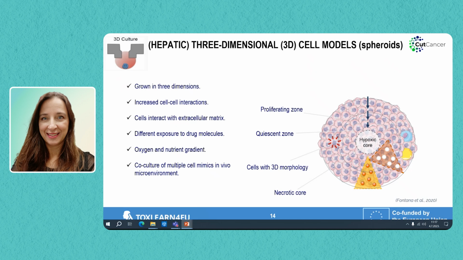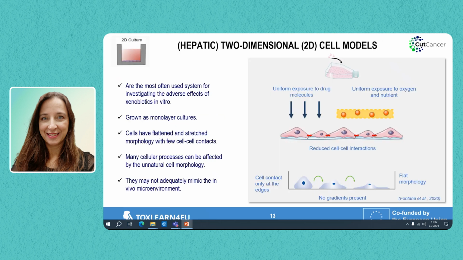And maybe I forgot to mention that in 2D, when we expose the cells, they are uniformly and equally exposed to molecules and nutrients, and they can all remove CO2 and products to the same extent.